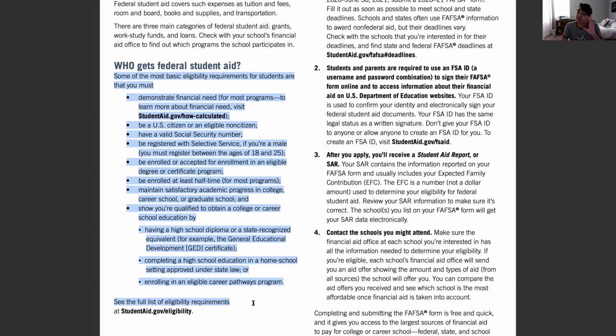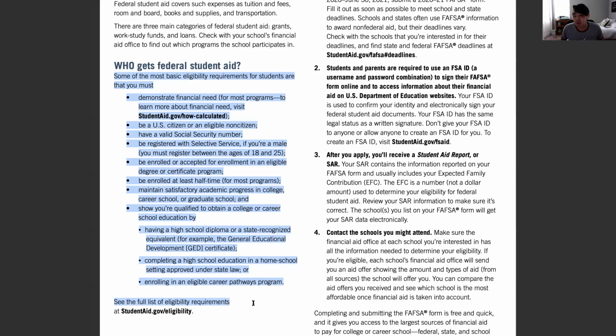And eligibility will be determined on the FAFSA form. You're going to need to have your Social Security number. If you don't have a Social Security number, you're going to need to get one, for the parent and the student. It says demonstrate financial need, and we'll show you what that means, okay? And then maintain satisfactory grades.